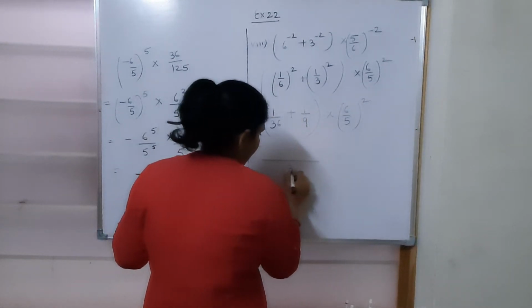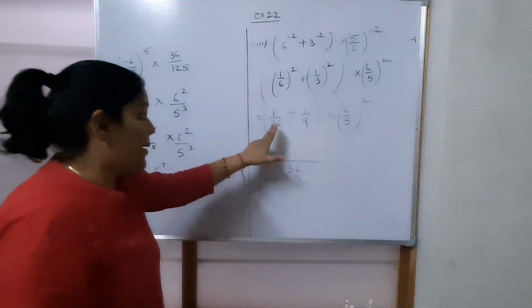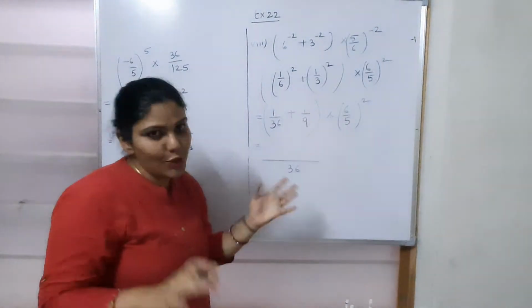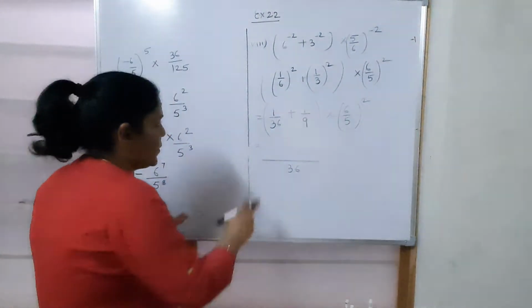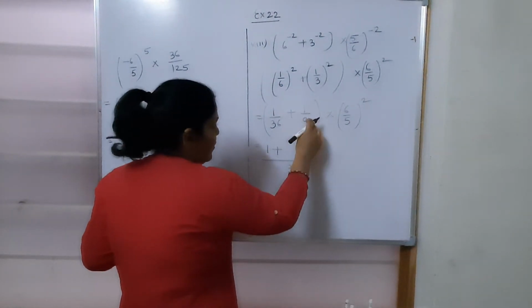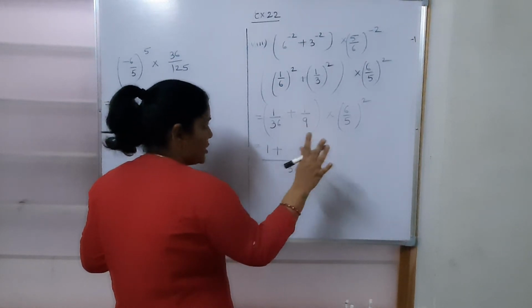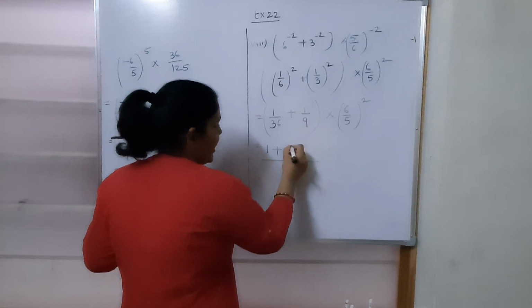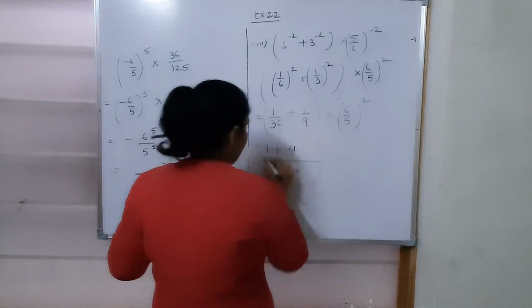Now, taking the LCM. By what number should I multiply 36 to get 36? 9 and 36 LCM will be 36. You know how to add rational numbers. So I am just doing it now. And by what number should I multiply 9 to get 36? By 4. So I am multiplying both the numerator and denominator with 4. So I get 4 upon 36. Alright.